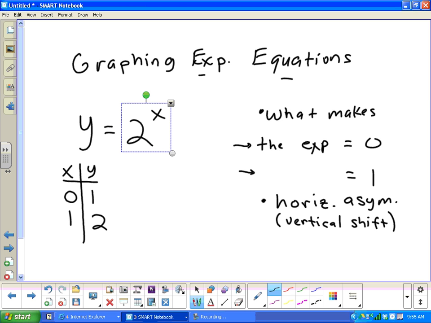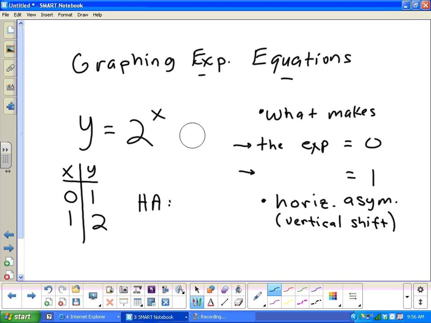Now, the horizontal asymptote, that's the third thing. All I need is 2 points and a horizontal asymptote to do the graph, and that's going to be it. Horizontal asymptote comes from the vertical shift. Now notice, you just had 2 to the x, so you didn't have like plus 2 or plus 3 or minus 4 or anything like that.